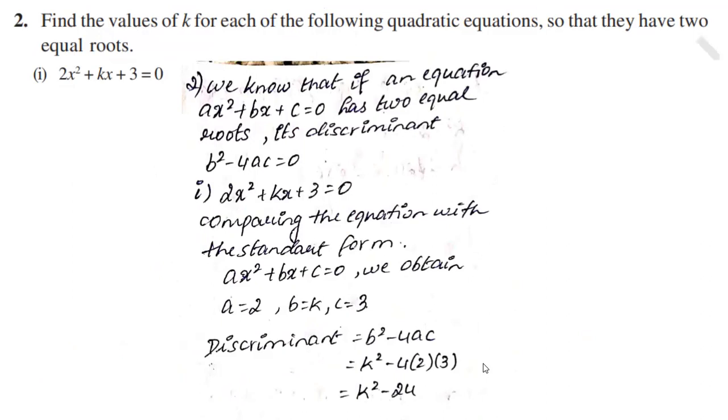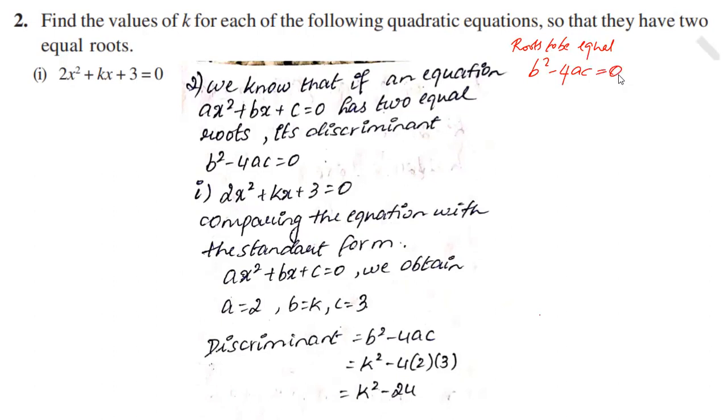Then find the value of k for the following equation if they have two equal roots. For roots to be equal, we know that b square minus 4ac should be equal to 0.